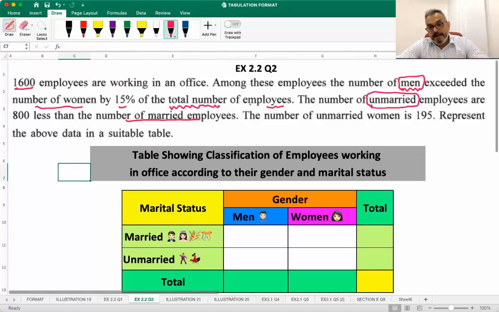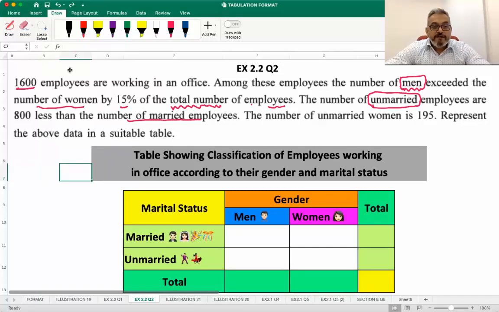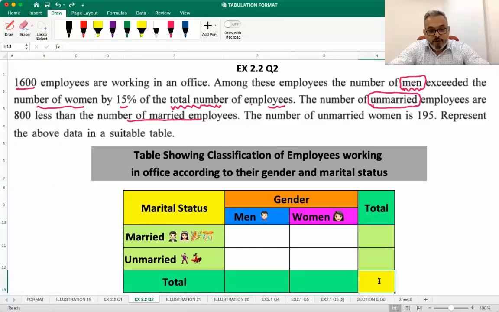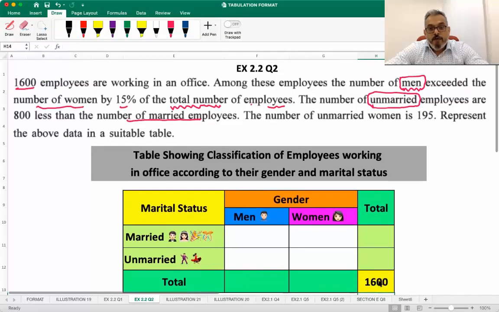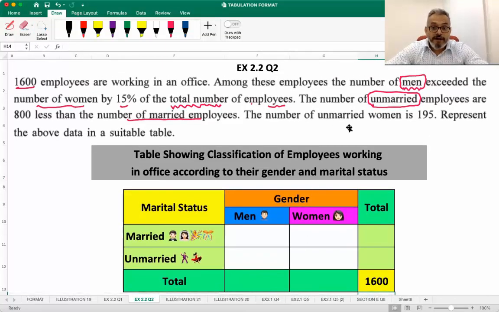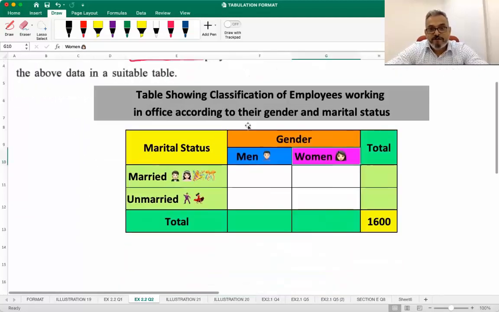Okay, write the heading, make the format. 1600 employees are working in an office, so in the total we write 1600. Great. Now, among these employees, the number of men exceeded the number of women by 15% of the total number of employees. So let's do some working for it.